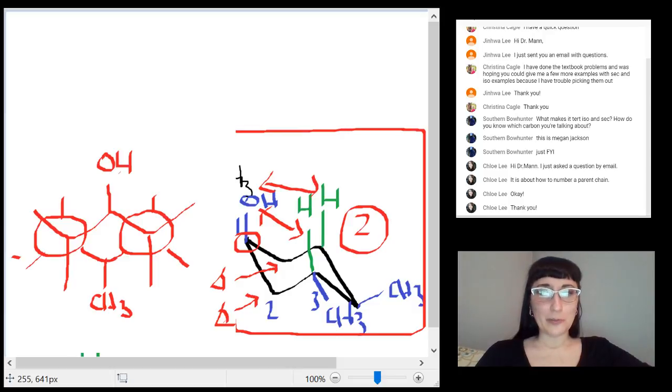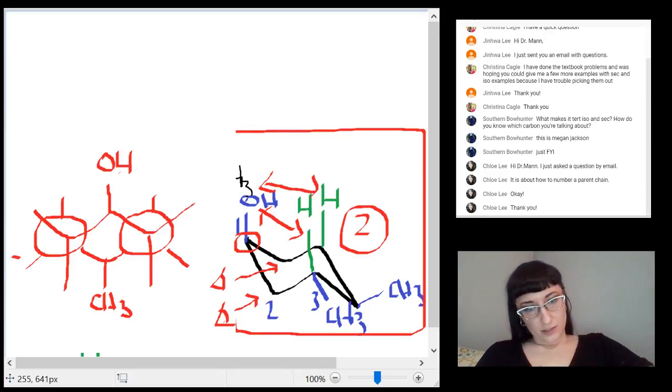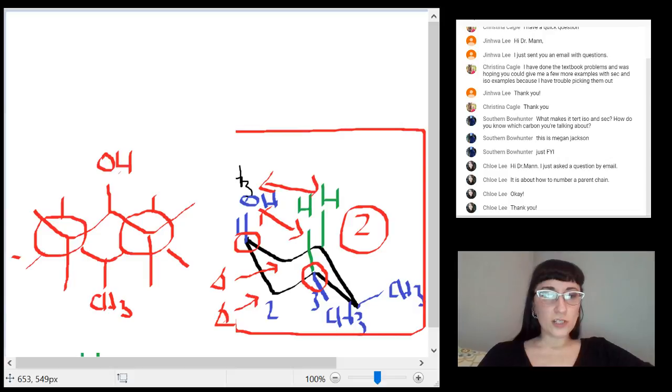That was not intended to be a really hard question. The one that's in question here is this carbon right there, because it has that methyl group coming off on it. So we have to look at this and figure out which carbon that is.